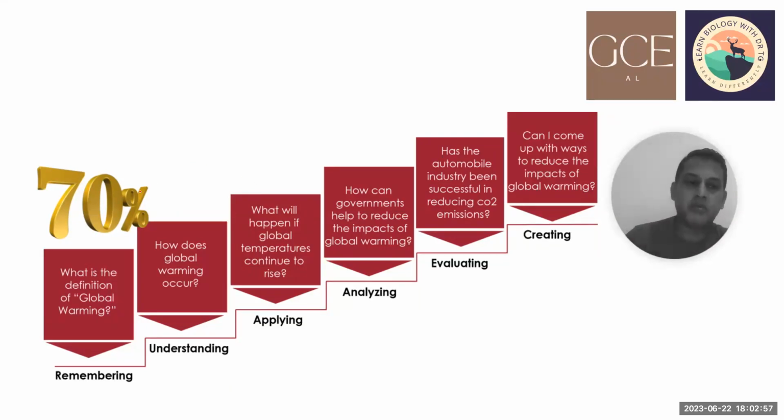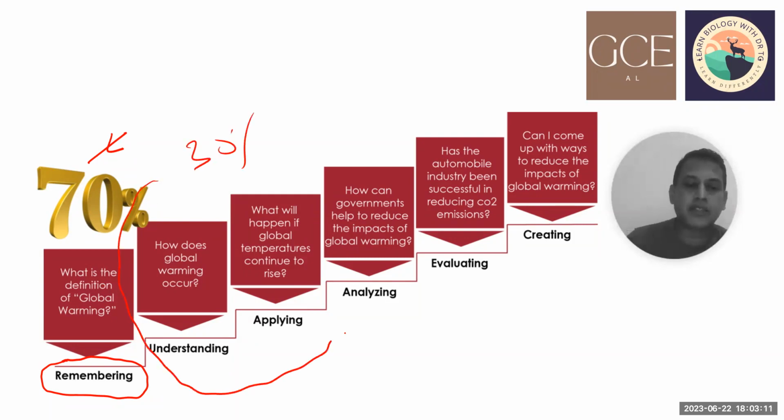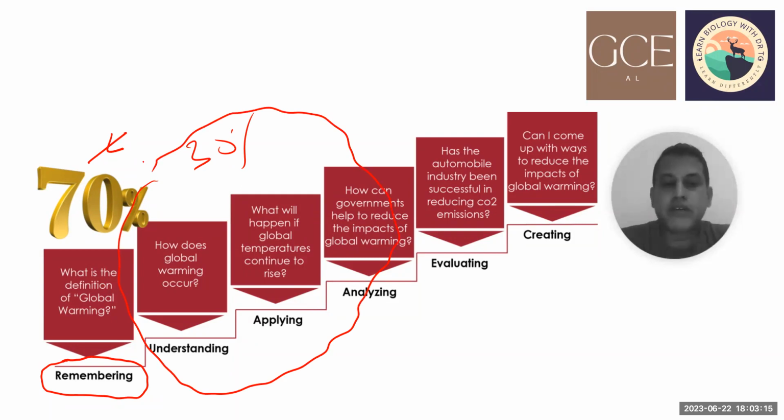Now in your paper, 70% is remembering questions. That's why I said you have to remember the resource book by heart. And 30% is applying type of questions like this. There you need creativity, you need evaluation, you need analytical thinking, you need other things like that.